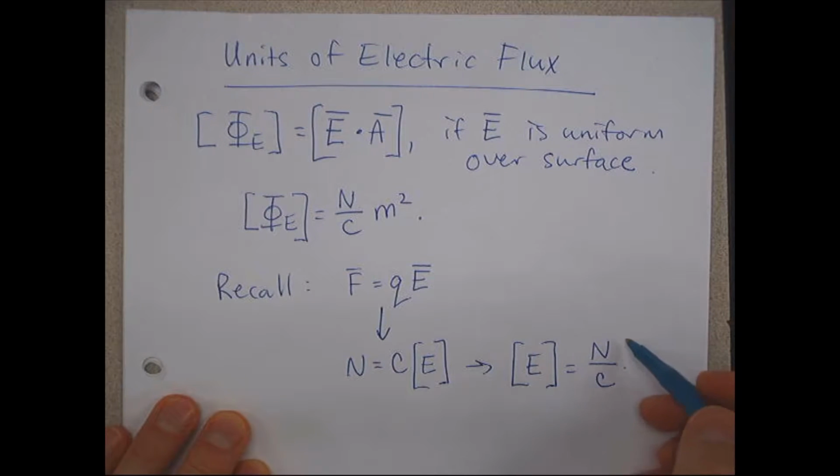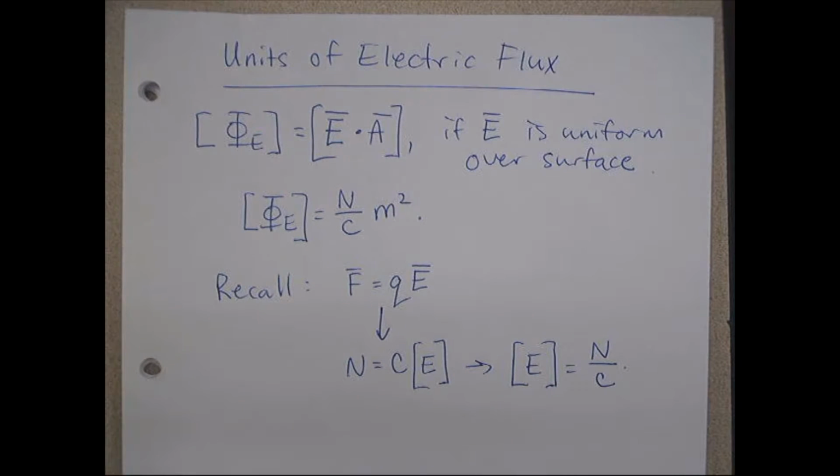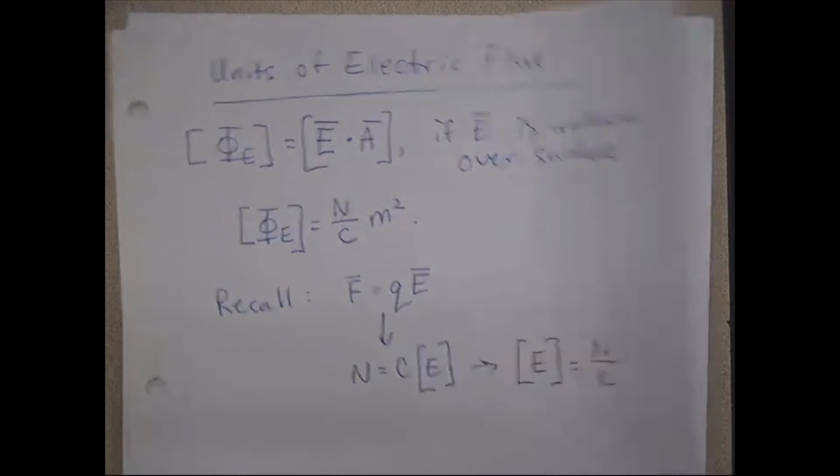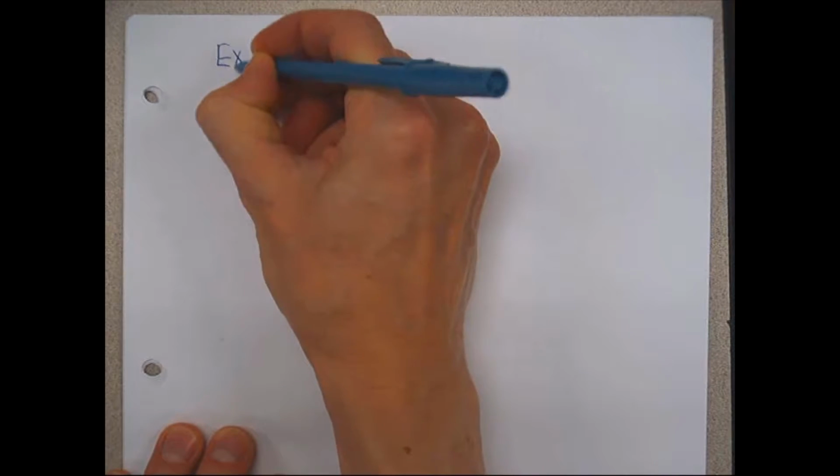So you have newton meters squared per coulomb as the unit of flux. Let's run through a quick example that shows a calculation of flux.